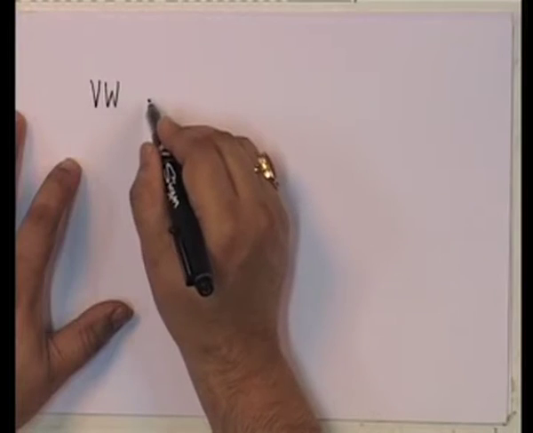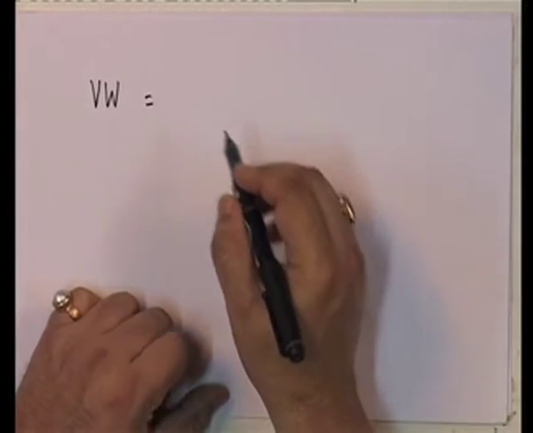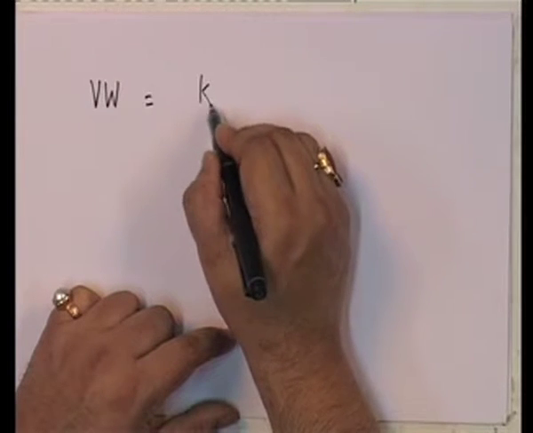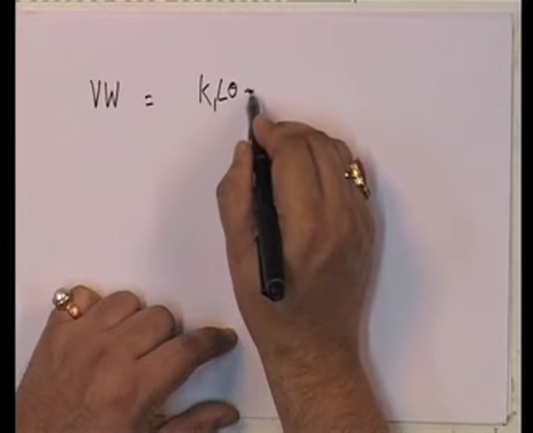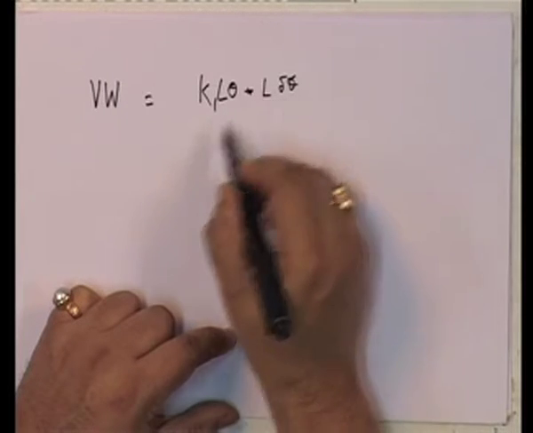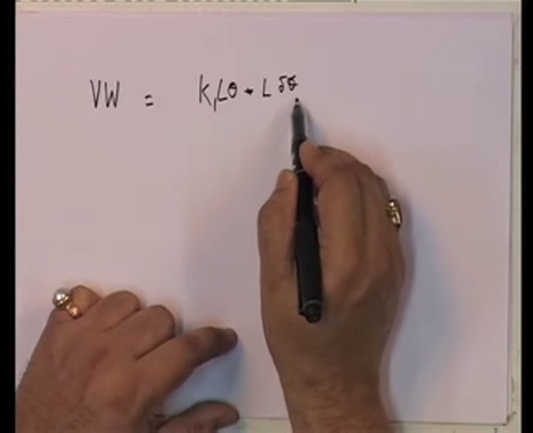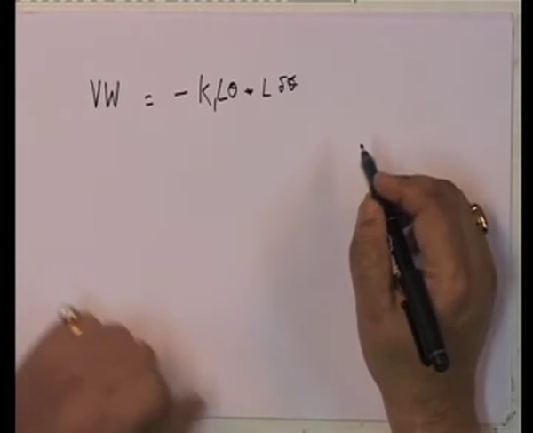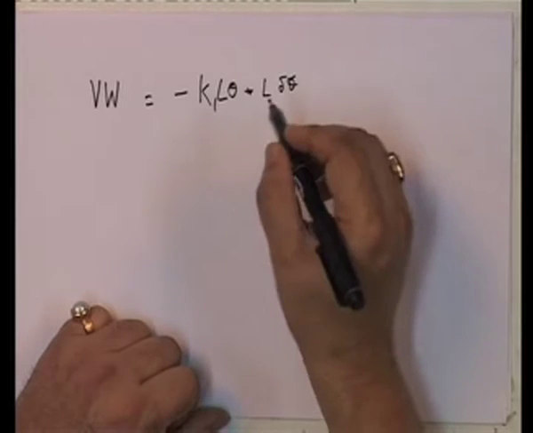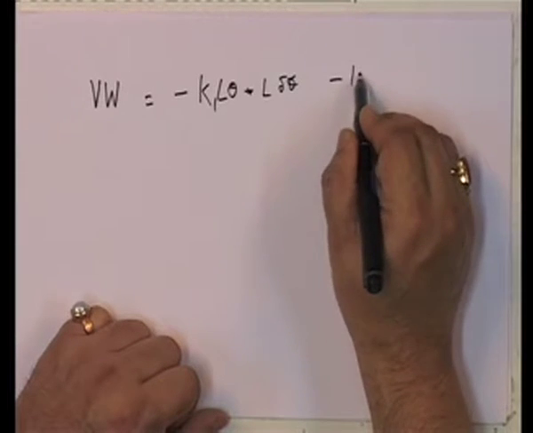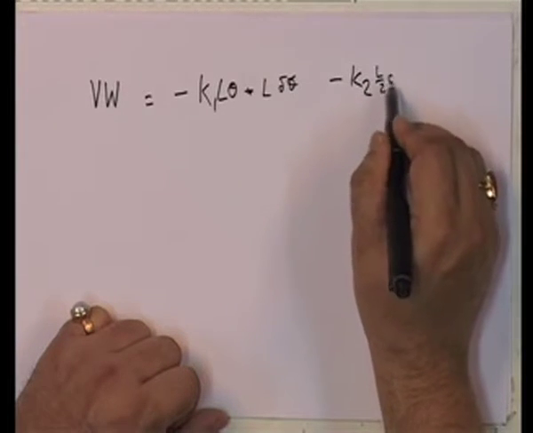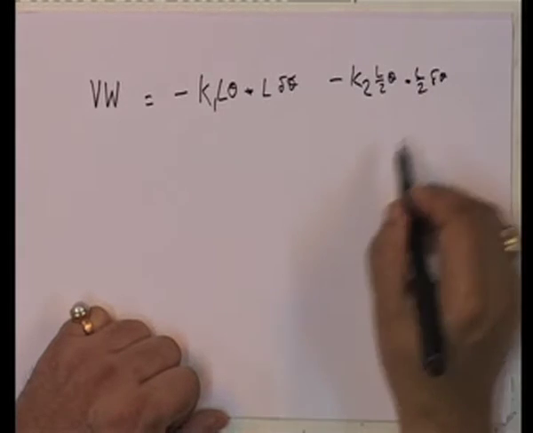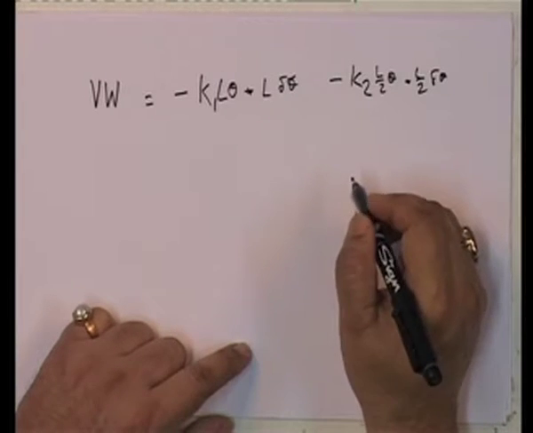The virtual work is equal to what? Let me take the first one. It is going to be K1 L theta into L delta theta. This is the real force undergoing the virtual displacement, and this is negative because it is negative work. Then the next one is K2 L by 2 theta, the force undergoing the displacement, and this also undergoes negative work.